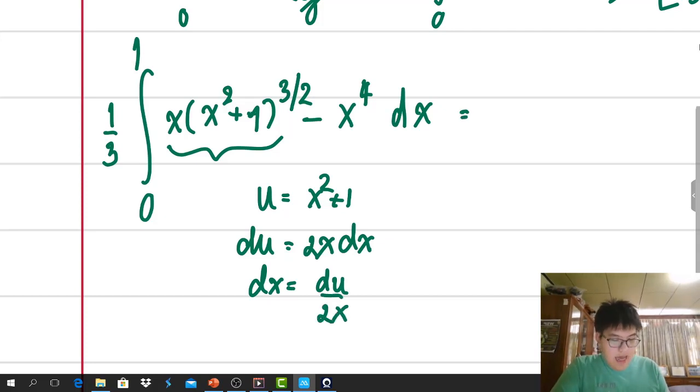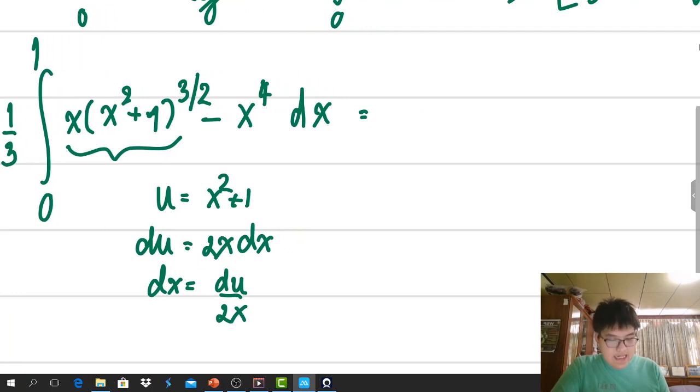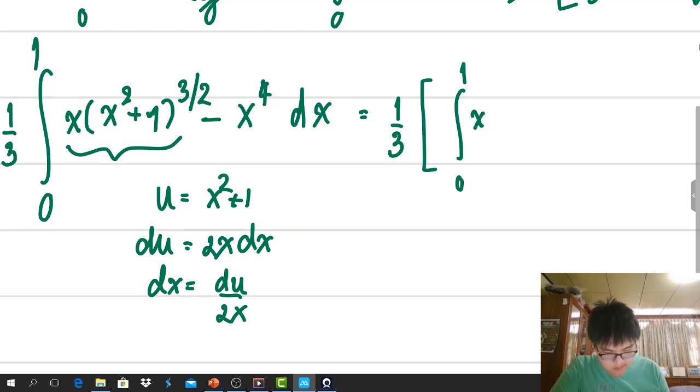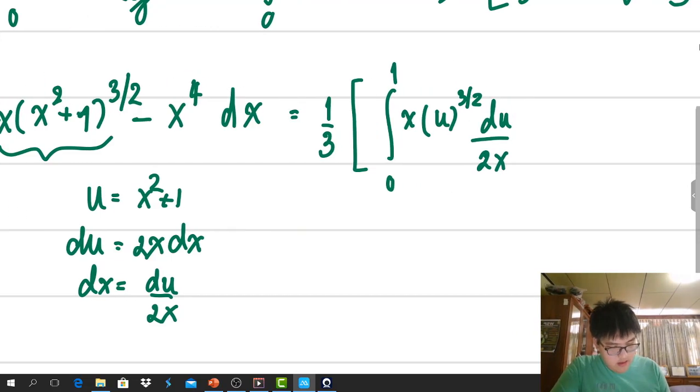Then we will do this separately: 1 over 3, integration from 0 to 1 of x, with u to the power 3 over 2, and dx is du over 2x, and minus the integration from 0 to 1 of x over 4 dx.